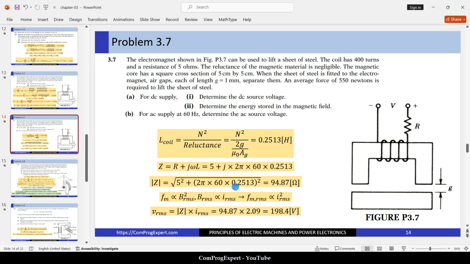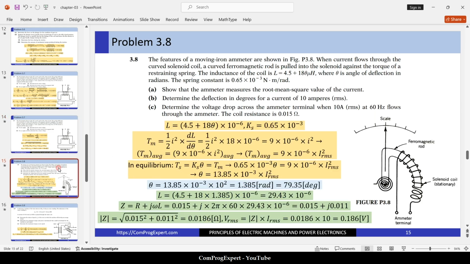Now let's go for the next problem, problem 8. The features of a moving iron ampermeter are shown in this figure. A structure of an ampermeter here to measure the current.